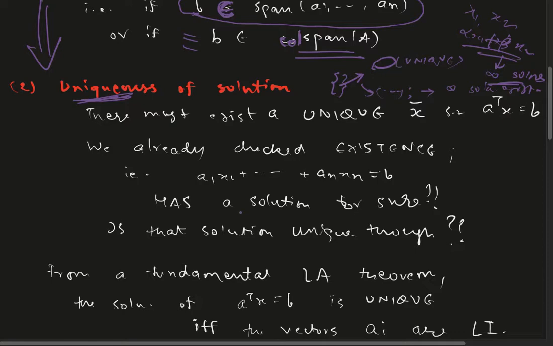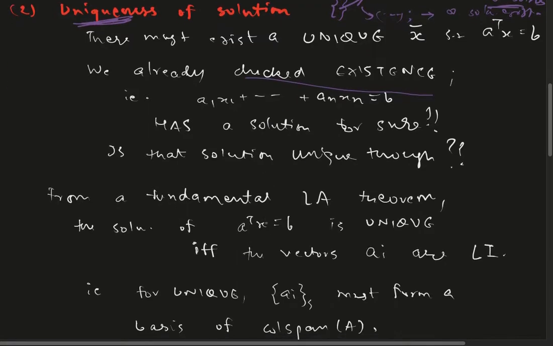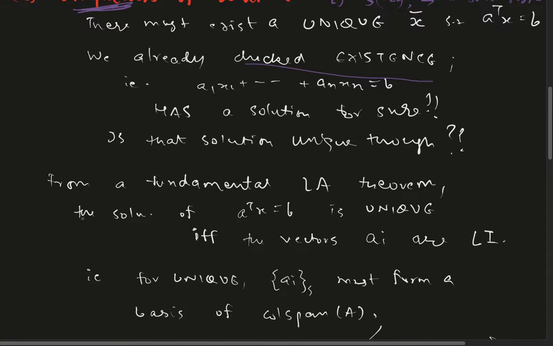So we already checked existence in point number 1. Now, from the fundamental theorem in linear algebra, we can say that a1 x1 plus up to an xn is equal to b, and the solution is given by the vector x. The solution is unique if and only if the vectors a1 to an are linearly independent.